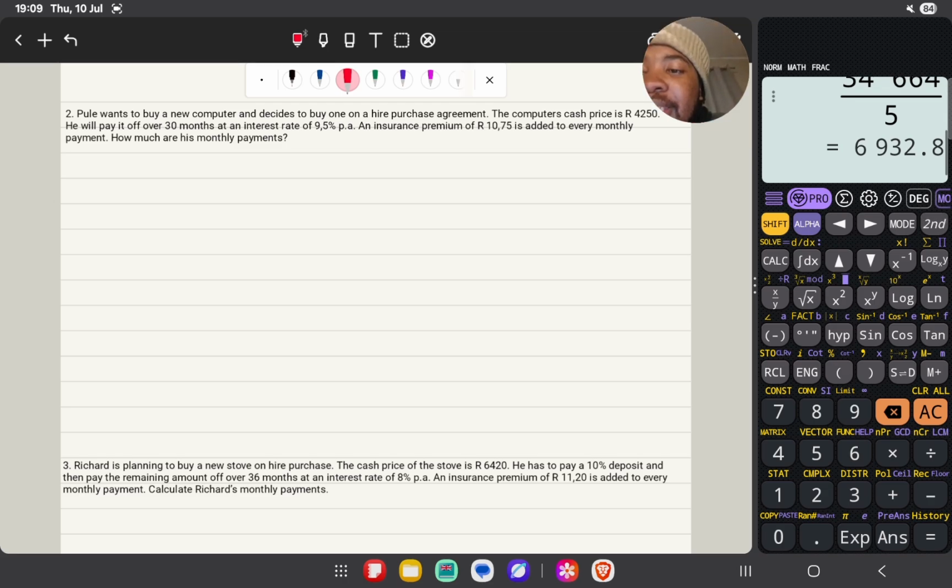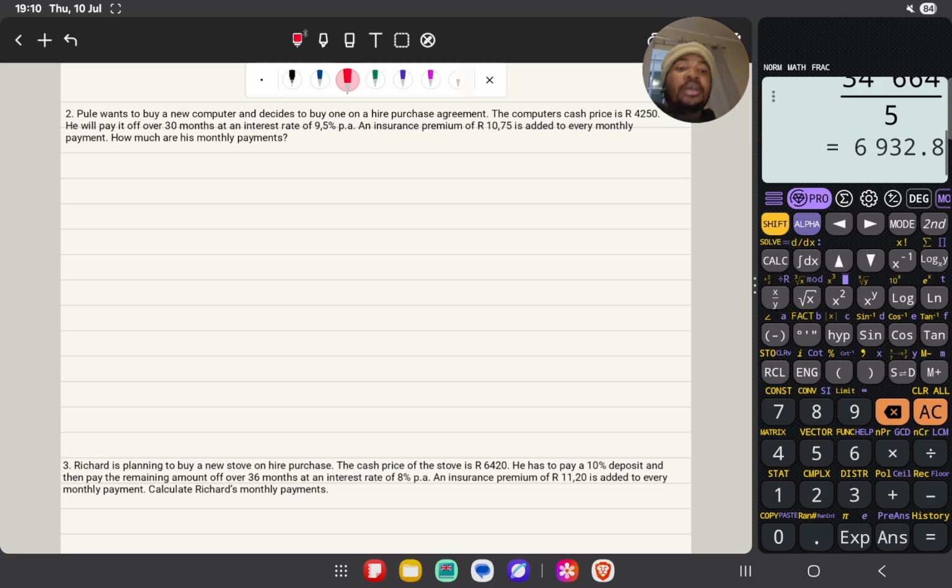He will pay it off over 30 months at an interest rate of 9.5%. Then an insurance premium of 10 rand 75 is added to every monthly payment. How much are his monthly payments?